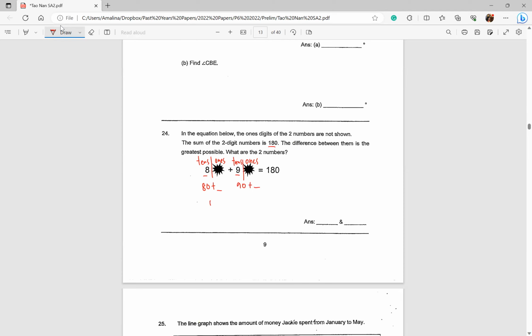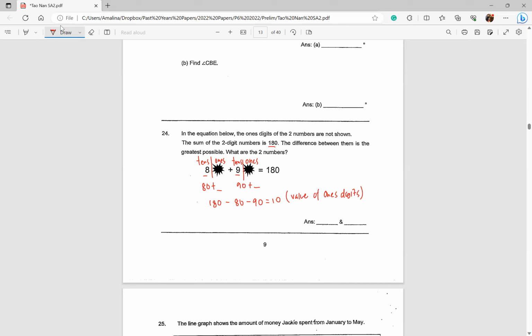So I take my 180 minus my 80 and my 90 first to find out the value for my ones place. You will get 10. This is the value of the ones digits.